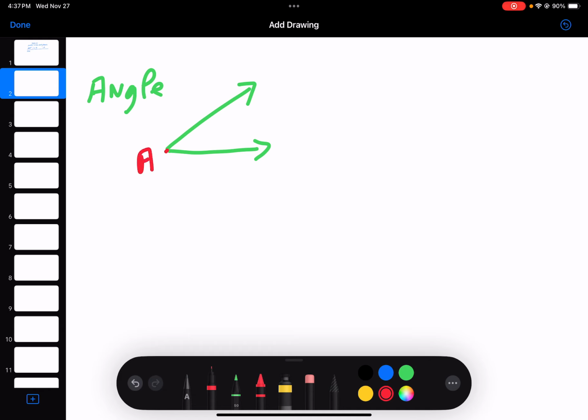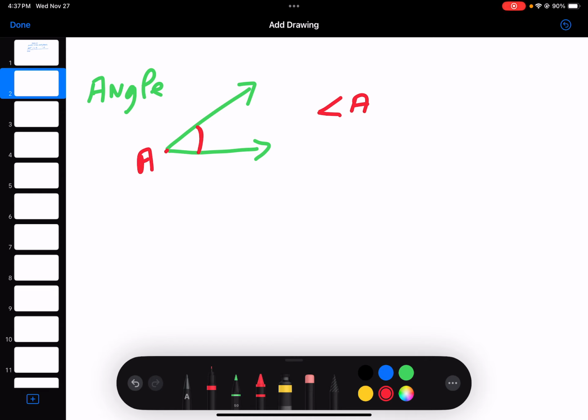Point A. Well, the point A is what? Is the vertex. And what is the angle? The angle is right here. And it's denoted in geometry angle A.